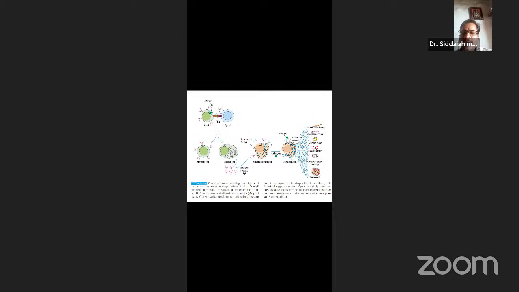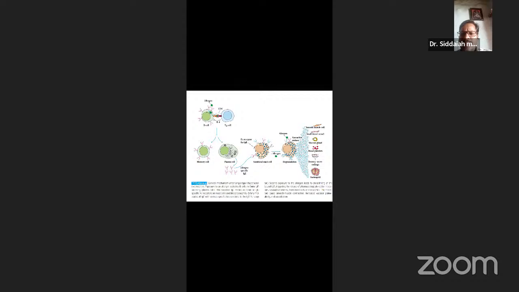The antibody also binds, with the help of its Fc region, to the mast cell. Mast cells and basophils are specialized cells having granules, which can produce different chemical substances like histamine and bradykinin.